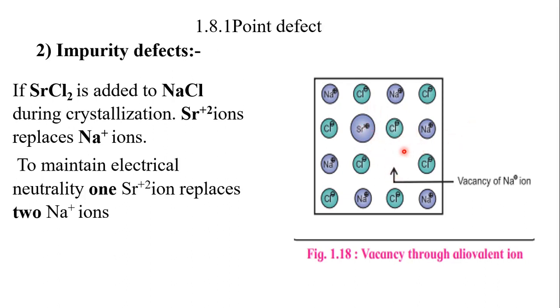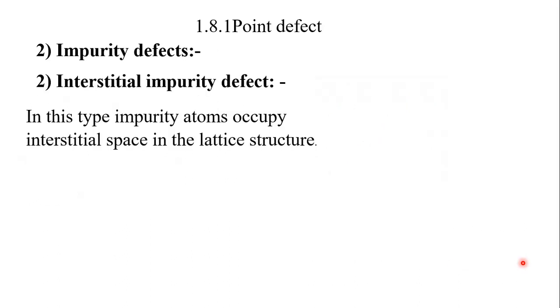It displaces or removes two sodium ions, and because of this, one lattice site remains vacant. So it is called a vacancy through an aliovalent ion. In this, the vacancy is created due to the Sr+2 ion, which is an aliovalent ion.